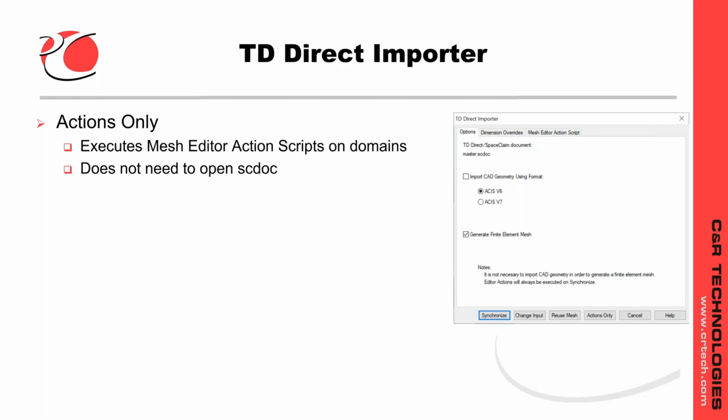Now you don't need to do any full synchronize for that. You just add the domain, say reuse mesh, create the action script, and then do actions only. So what might take 20 minutes will now take 2.